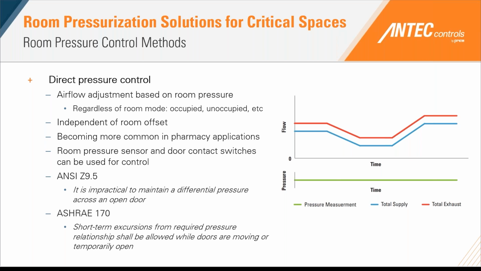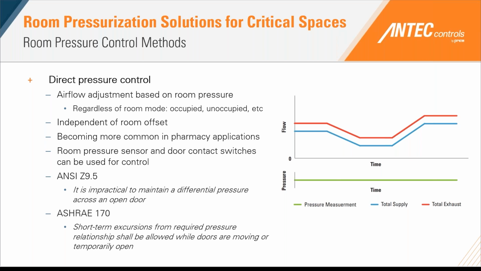Now, the second strategy we can utilize for maintaining room pressurization in these critical spaces is direct pressure control. Direct pressure control allows us to adjust airflow for our total supply and total exhaust based on live readings of the room pressure.